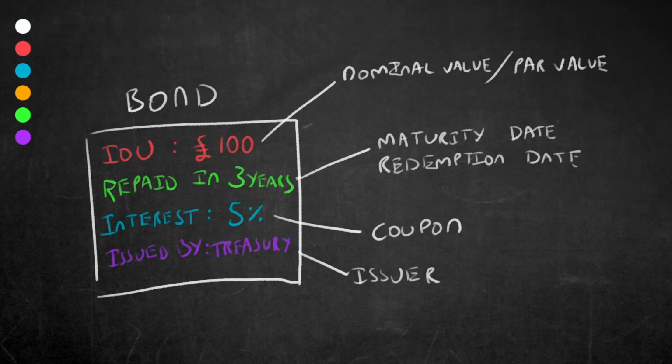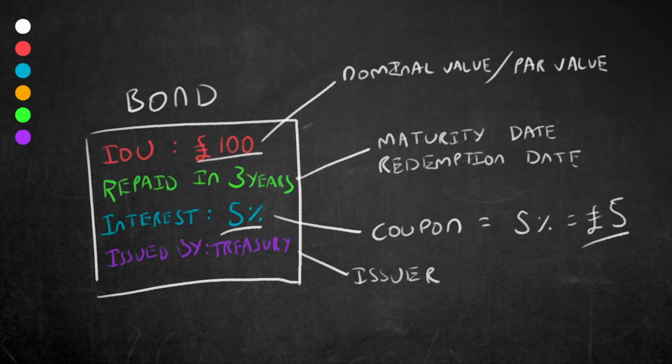So now that we know what a bond looks like, what actually happens if I bought this bond? Well, let's say I bought this bond for £100, its nominal value, from the government or treasury. Every year I would get 5% back, which is its coupon, remember, which is £5. So I'm getting about £5 every year. In addition, at the end of the 3-year term, I would get the nominal amount of £100 back or repaid.